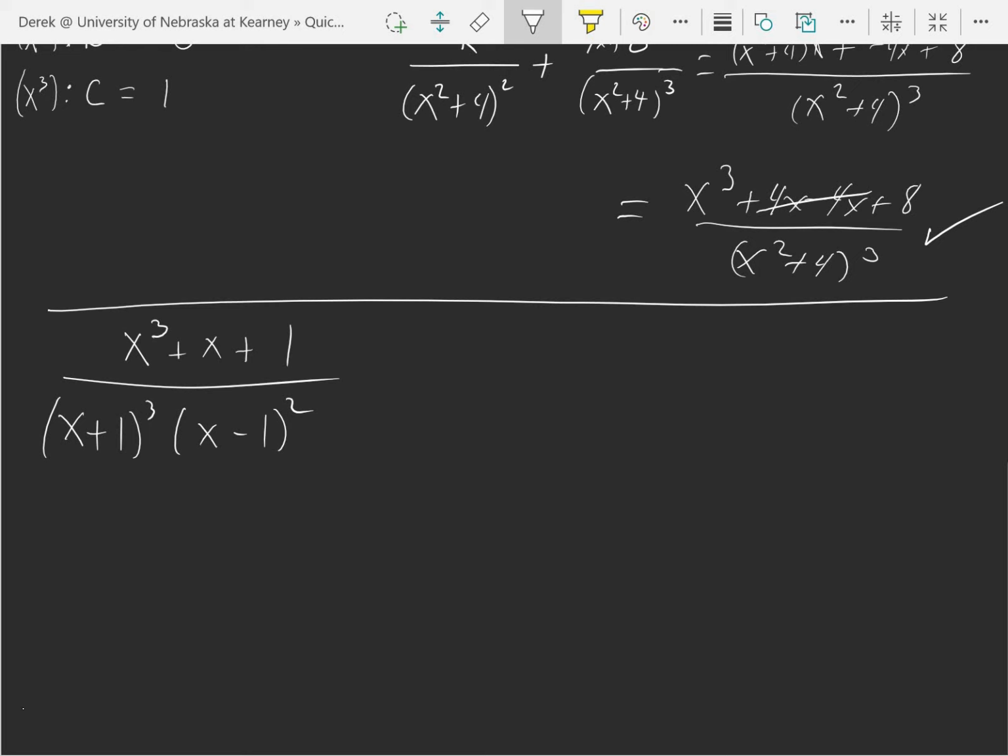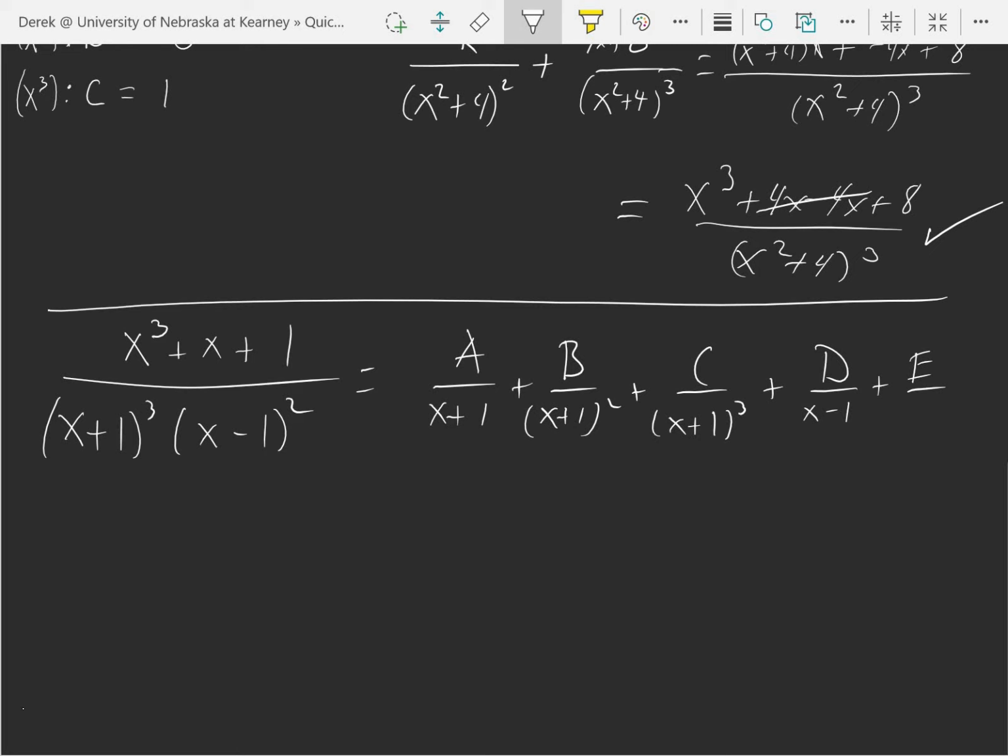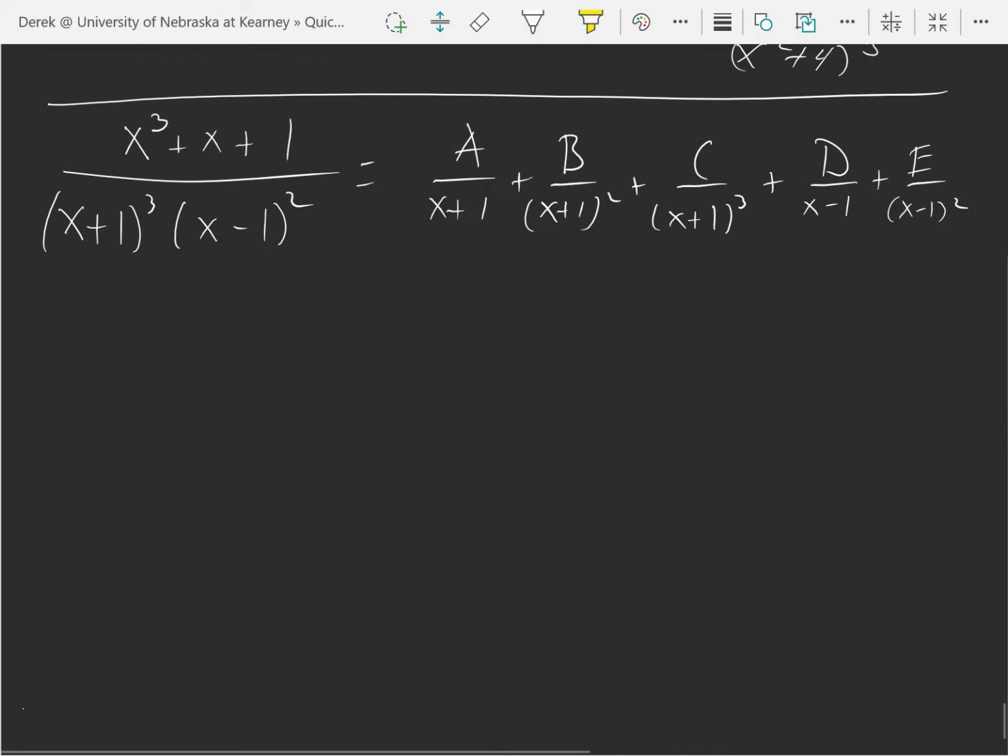So degree 3 over degree 5, I want to write this as a over x plus 1 plus b over x plus 1 squared plus c over x plus 1 cubed plus d over x minus 1 plus e over x minus 1 squared.